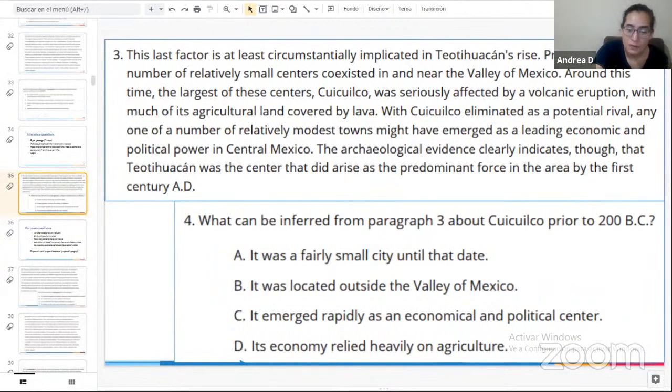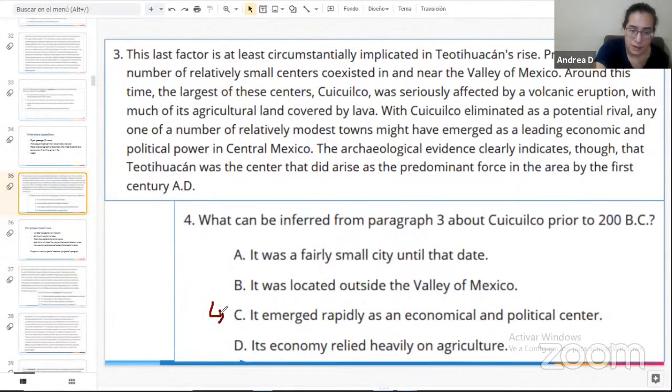You know, the other group was telling me something about C. Somebody said, I think it's C, and their justification was, okay, so here you have something that when Cuicuilco was eliminated as a potential rival, the other centers, the modest towns, emerged as a leading economic and political power.